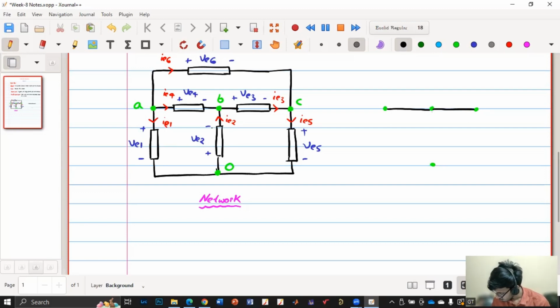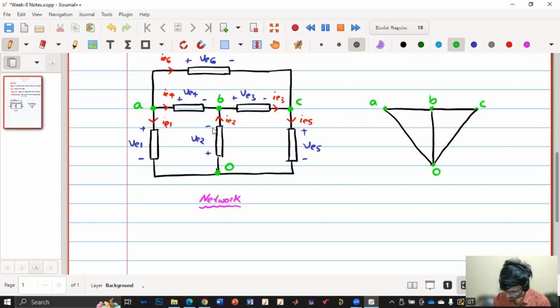And B to O we have another element, and from here to here we have one element. And from A to C, so this is A, B, C, O, and this is our other element.